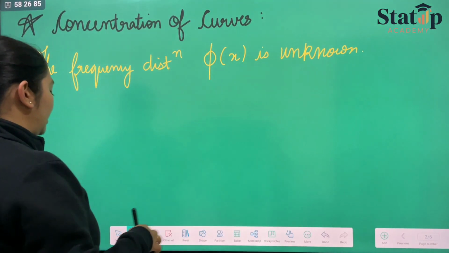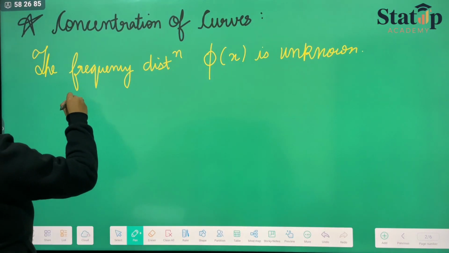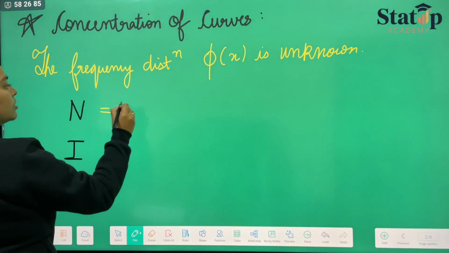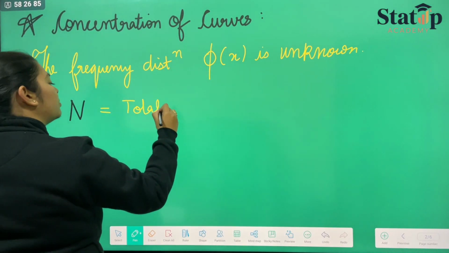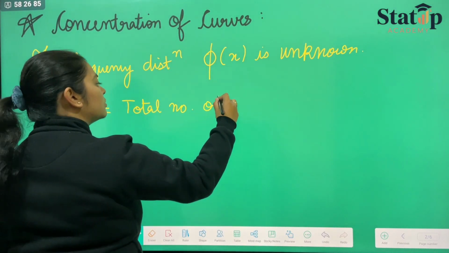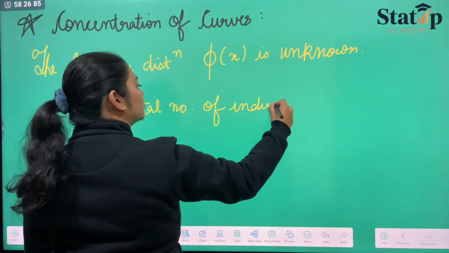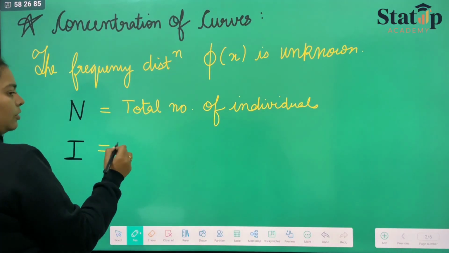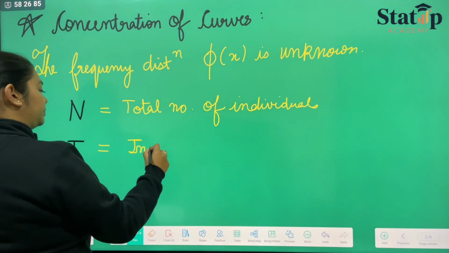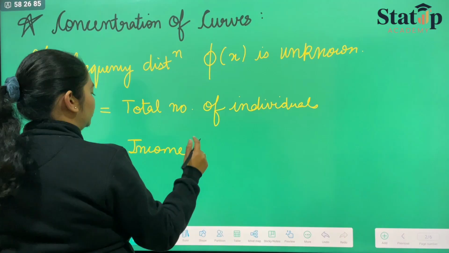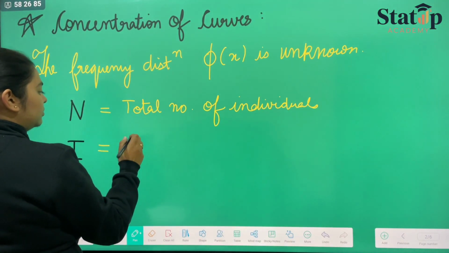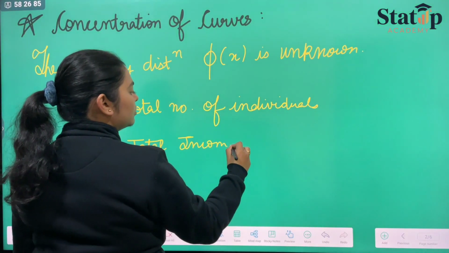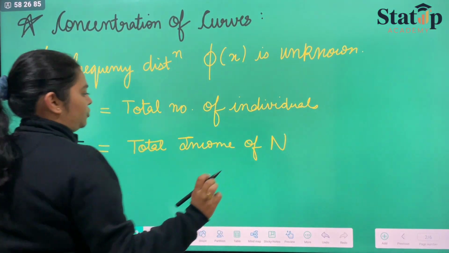So let us denote our terms capital N, capital I, where capital N denotes the total population, total number of people, and capital I denotes the total income of these N individuals.